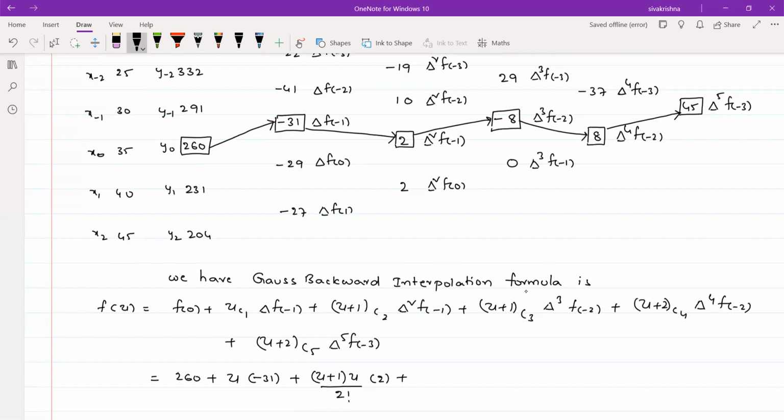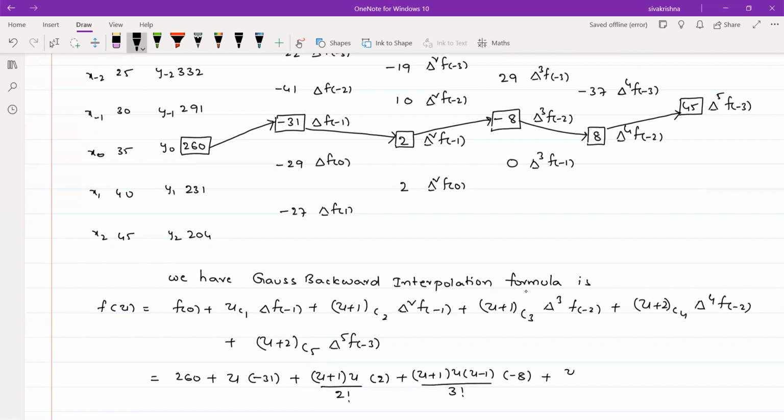Plus u plus 1 c3 can be written as u plus 1 into u into u minus 1 by 3 factorial into delta cube. The value of delta cube is minus 8.